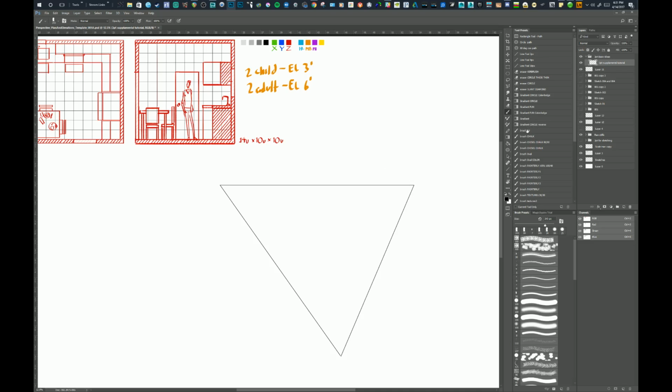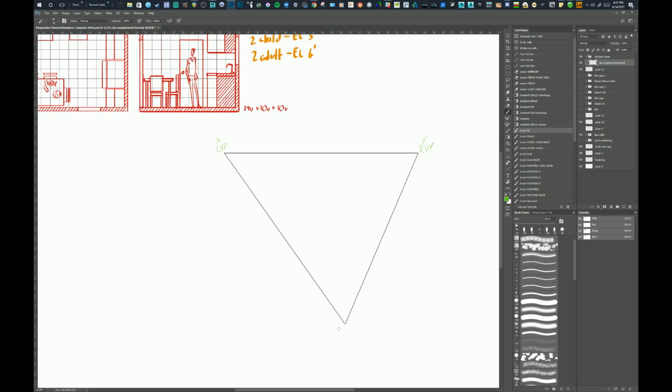This is going to be the left vanishing point, or X, the right vanishing point, or Y, and the Z vanishing point, or the vertical vanishing point.